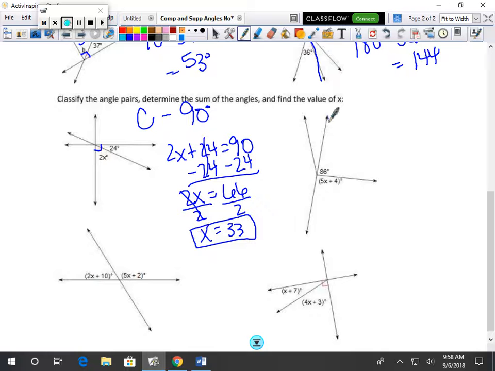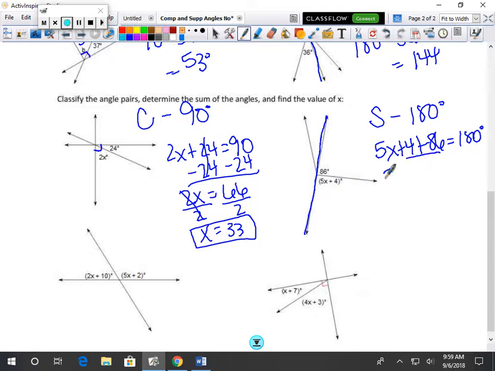For the next example here, this is a straight line, so my two angles here would be supplementary. That's going to be 180 degrees. Once again, I add the two together: 5x plus 4 plus 86, and it's going to be equal to 180 since they're supplementary.